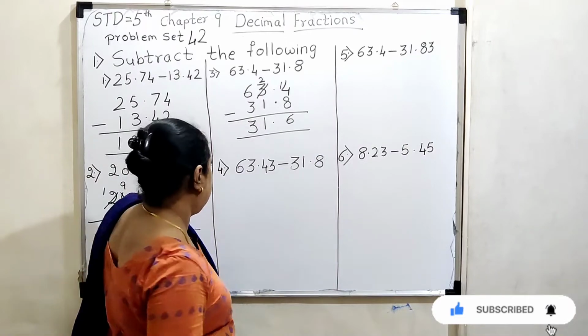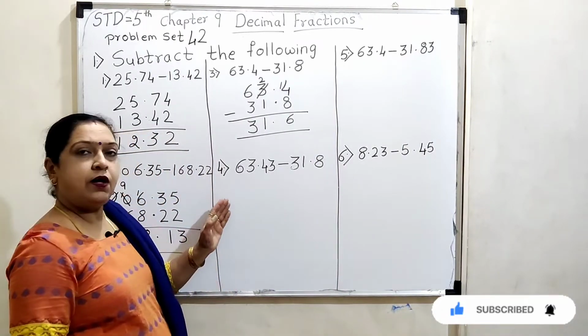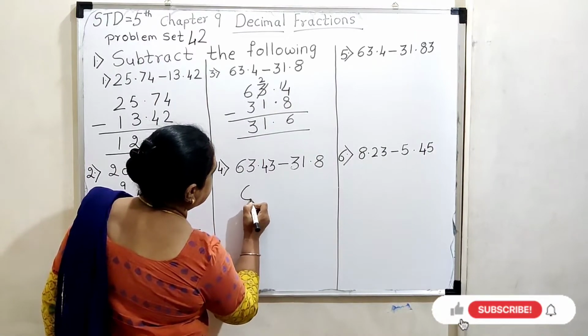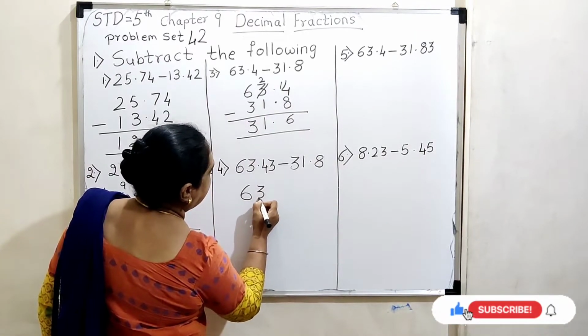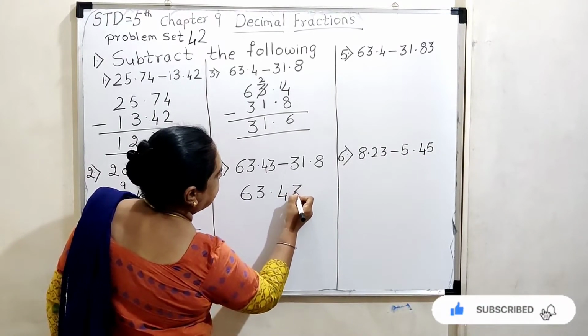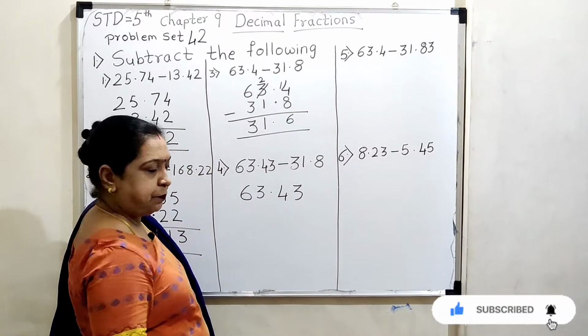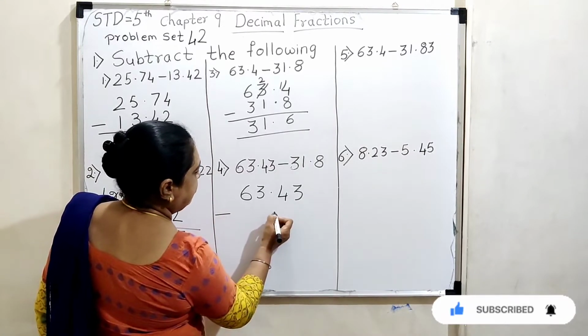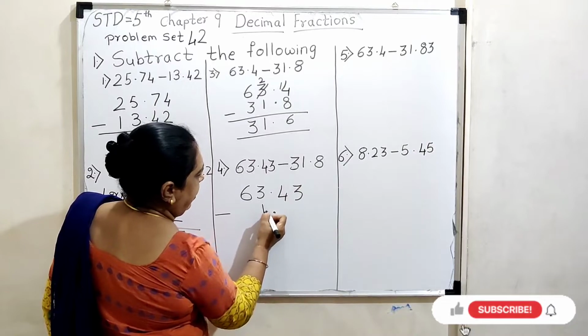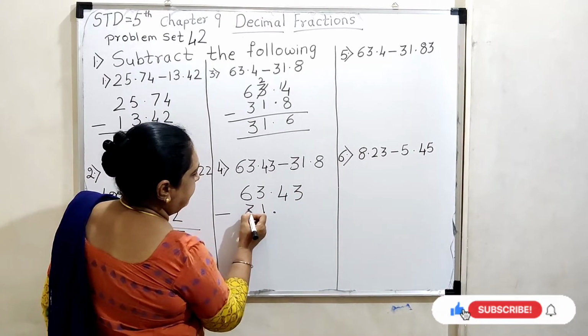Easy? Now, we'll move to sum number 4. 63.43. Okay. Minus. First of all, write point over here. Before the point what comes? 1. And before 1, 3.